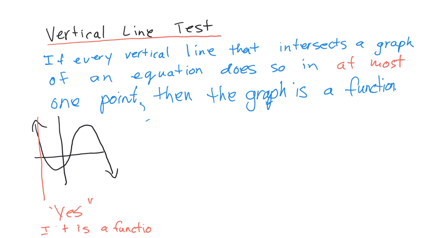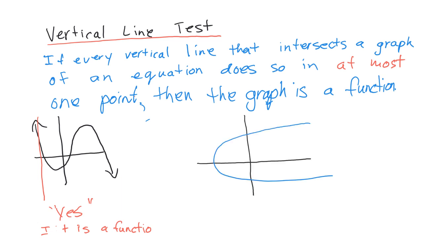Let's go and take a look at this next problem here. Let's say I have a parabola that's laying on its side, okay? And we're using the vertical line test to see if this is a function or not. So now I'm going to take my little vertical ruler and move it across this thing here.